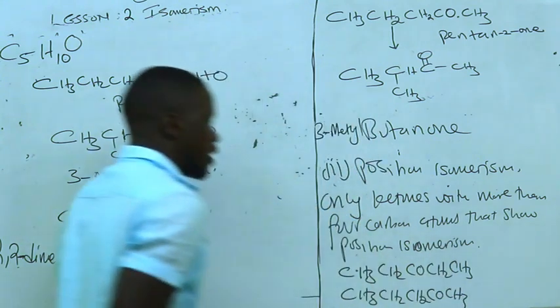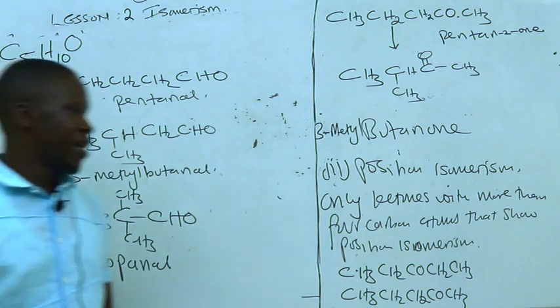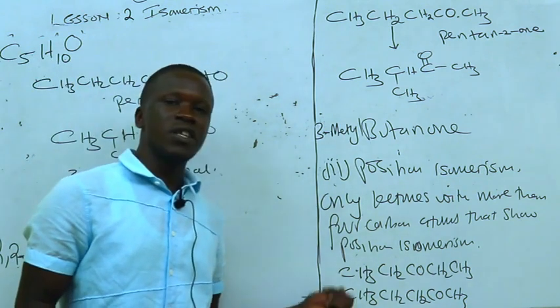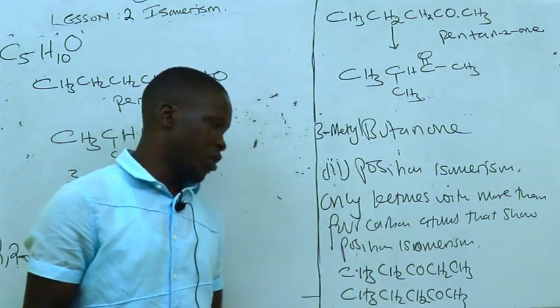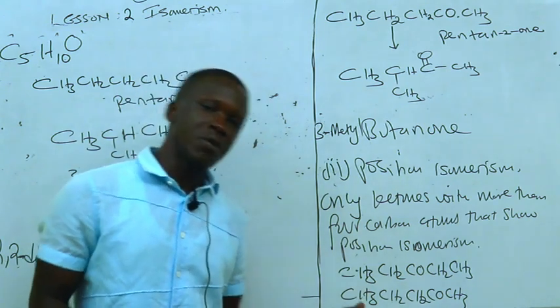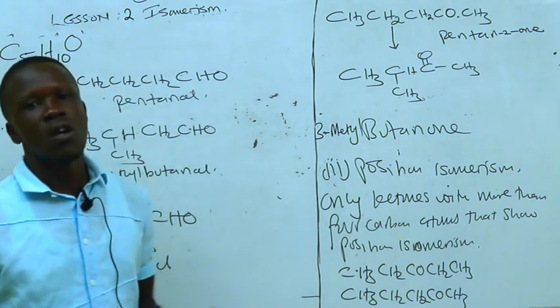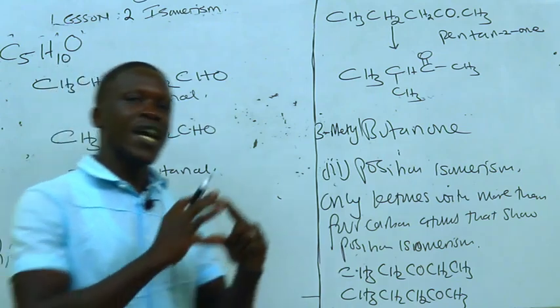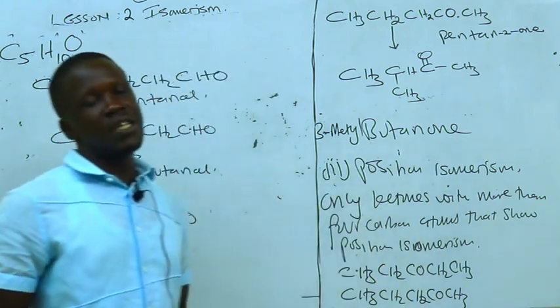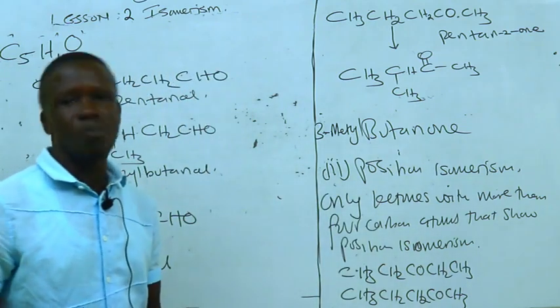And that is also another compound. These 2 compounds differ from each other by the position of the carbonyl functional group. Both of them are ketones. So we cannot have position isomerism within the aldehydes because the aldehyde group is always at the end of the carbon chain.